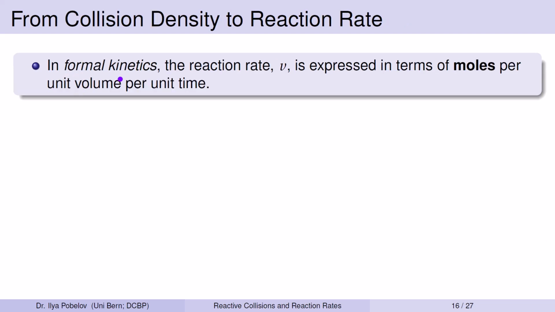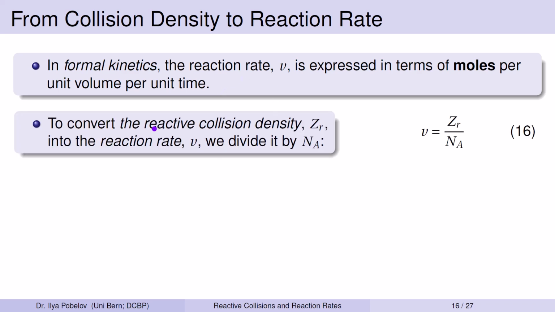In formal kinetics, however, the reaction rate is expressed in terms of moles per unit volume per unit time instead of the number of individual particles. To convert the reactive collision density into the conventional reaction rate, we divide it by the Avogadro constant.